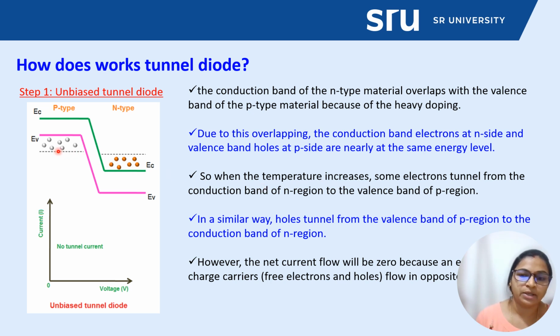In the same way, the P side holes can tunnel from the valence band to the conduction band of the N region. Since the numbers flowing in opposite directions are equal, free electrons and holes being equal in opposite directions, there will be no current flow. So this indicates there is no current flow in the unbiased condition of the tunnel diode.